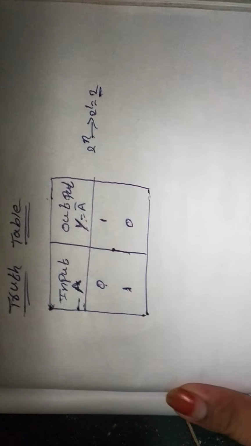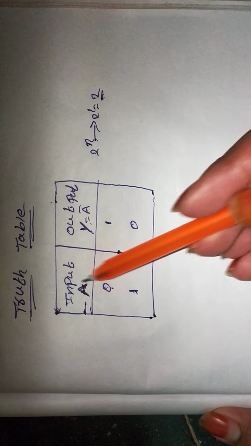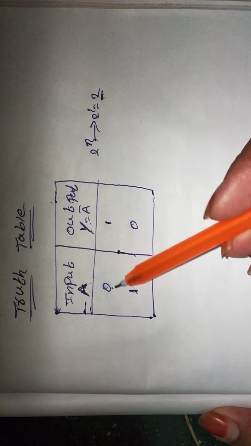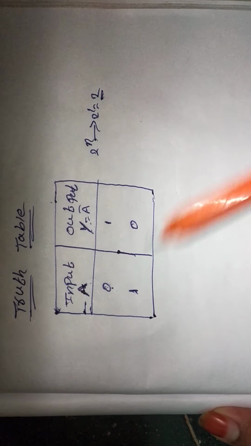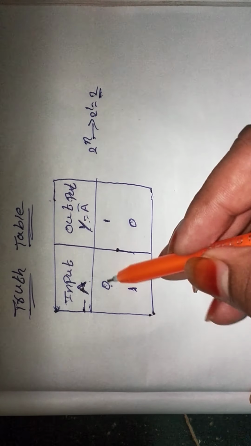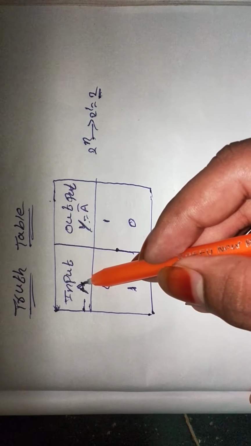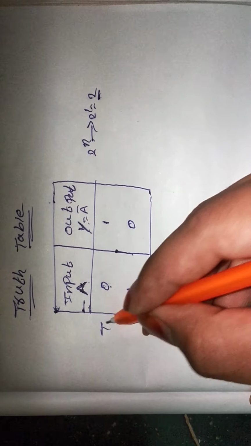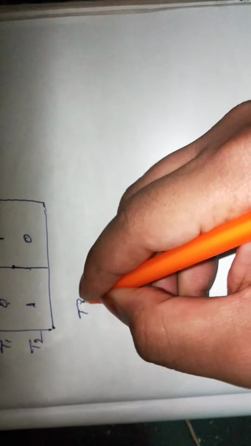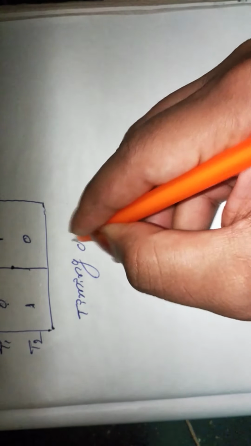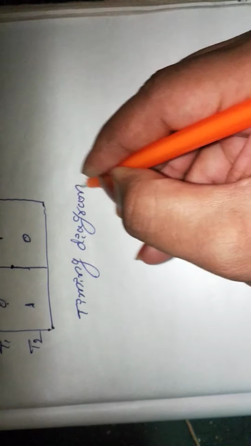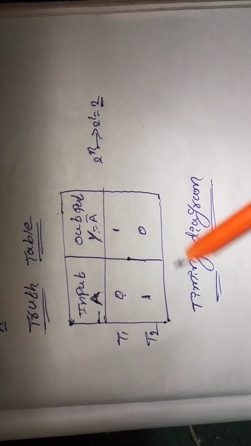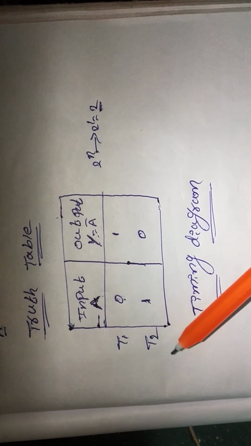Timing diagram. In the truth table we take two different times, two different values of a single variable, two different combinations, T1 and T2. In the above truth table we take two different times T1 and T2.